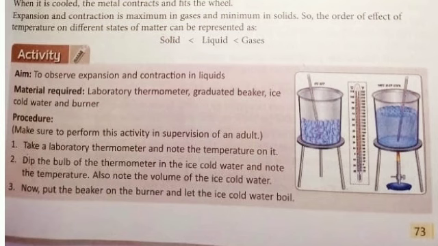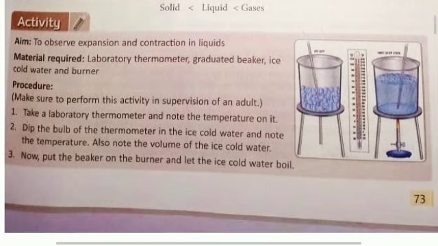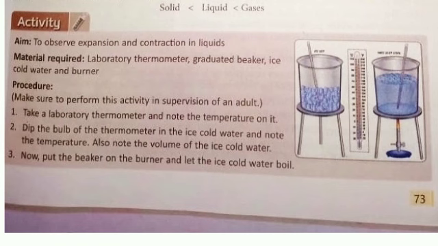Procedure: take a laboratory thermometer and note the temperature on it. Now dip the bulb of the thermometer in the ice cold water. Note down the temperature. Also note the volume of the ice cold water by a measuring scale, or sometimes the beaker also has some measurement.